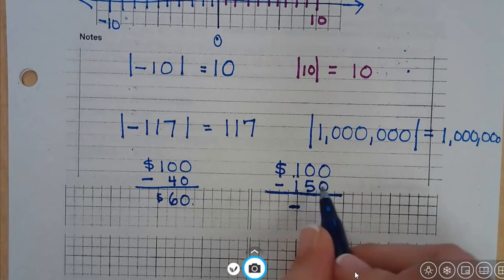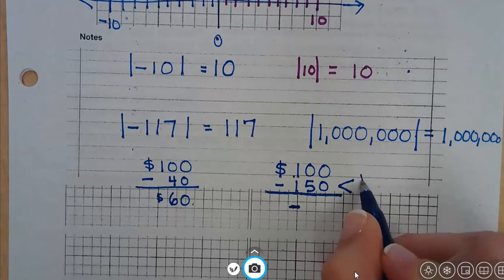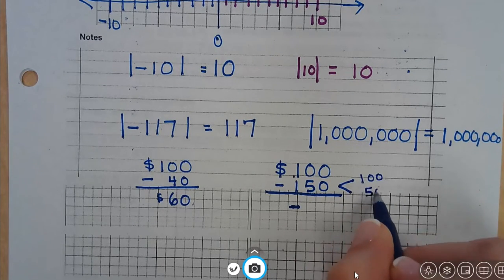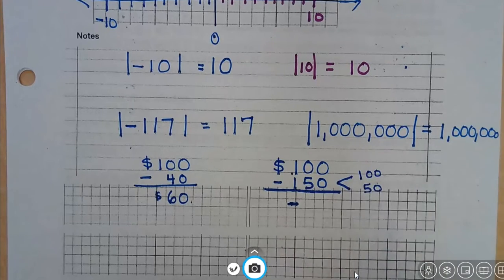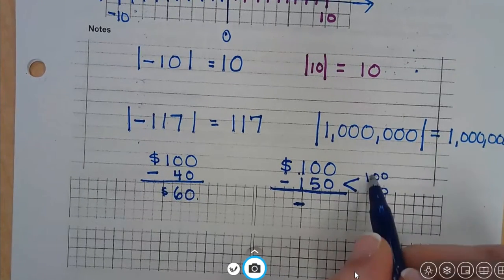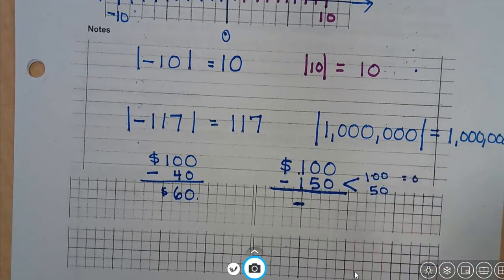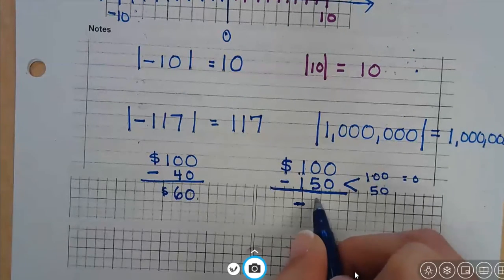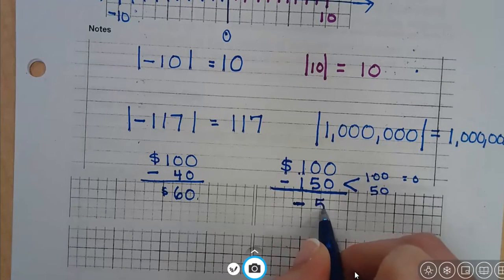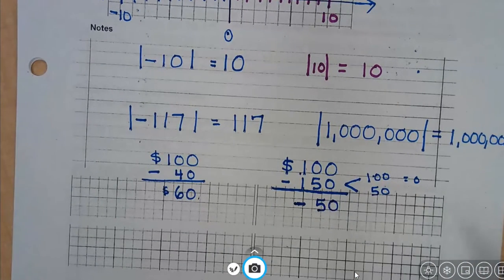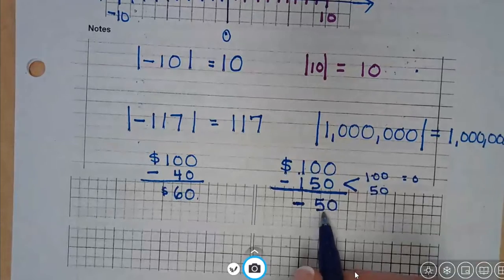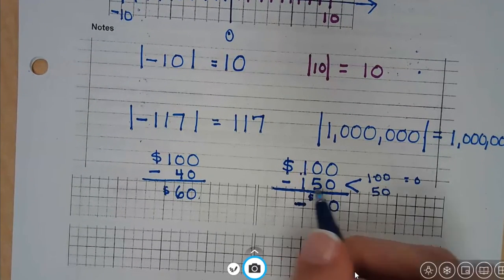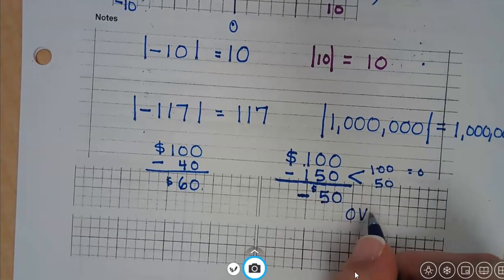And if you have 150, you can split it into 100 and 50. Remember, that looks like a number bond again. So 100 minus 100 is 0. Then you can think of this like 0 minus 50, so you'd be at negative numbers, so it would be negative 50. Okay, so this is a negative $50 that I would have in my bank account, and that's called being overdrawn.